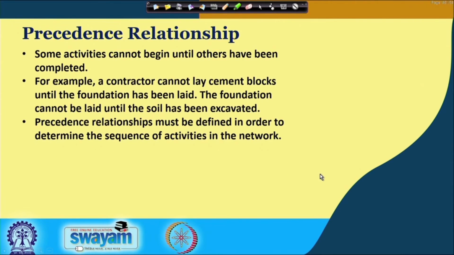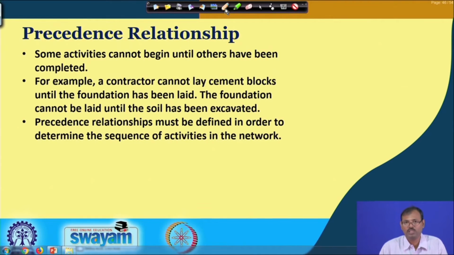So, this precedence relationship establishment, successors relationship establishment, is an essential requirement of the construction of the network. This is very important and the user must be very careful about this assigning. Suppose, as we are observing in drilling and blasting, drilling is always the predecessor of blasting.